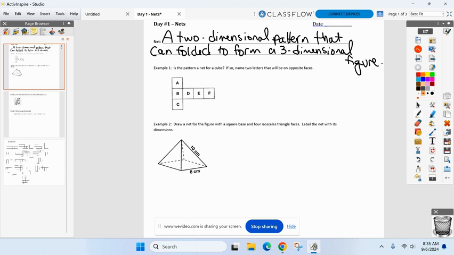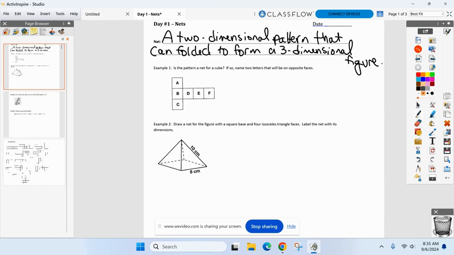Good talk. So what we're going to be using a lot in here is my favorite 3D object, and that's a cube. Okay, that is a cube. How many faces on a cube? 6 faces, right? Front, back, right, left, top, bottom. There's 6 faces on a cube.